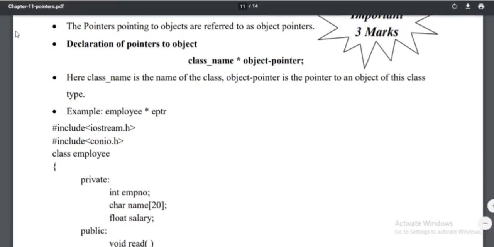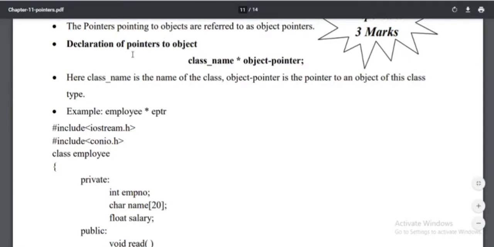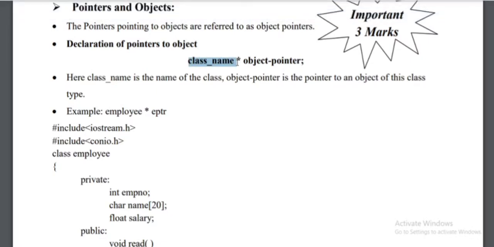Then how to declare object pointers, or a pointer to an object? First we have to specify the class name. As we all know, if we consider any class, there must be a corresponding object for it. So we have to specify the class name, the class for which we are creating the object pointer, and then we use the star operator, which indicates a pointer.